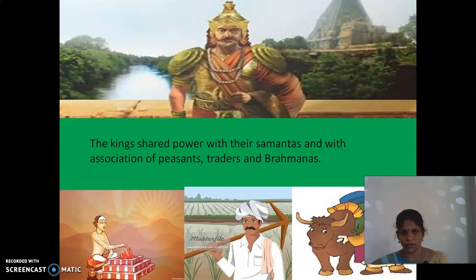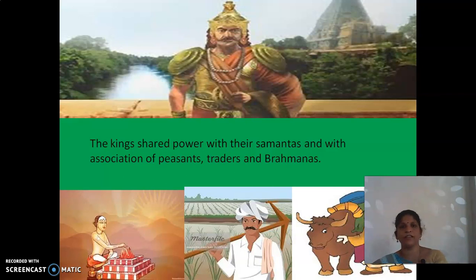The Rashtrakutas and the Pratihara Gurjara kings. The Pratihara Gurjaras were Brahmanas who did not do their traditional work. The Rashtrakutas were Samantas who came to power after they performed the Hiranyagarbha. They overthrew the Chalukya king.